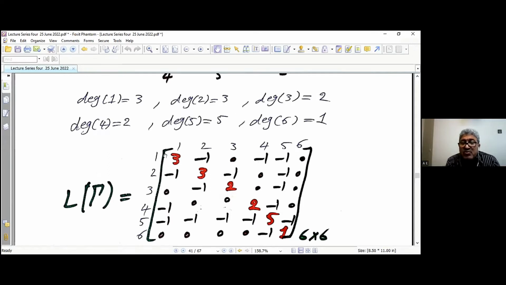So look at row number 1: 3 plus -1 plus -1 plus -1 is 0. Look at column 4: -1 plus 2 plus -1 is 0. So the sum of all values in each row and each column is 0.